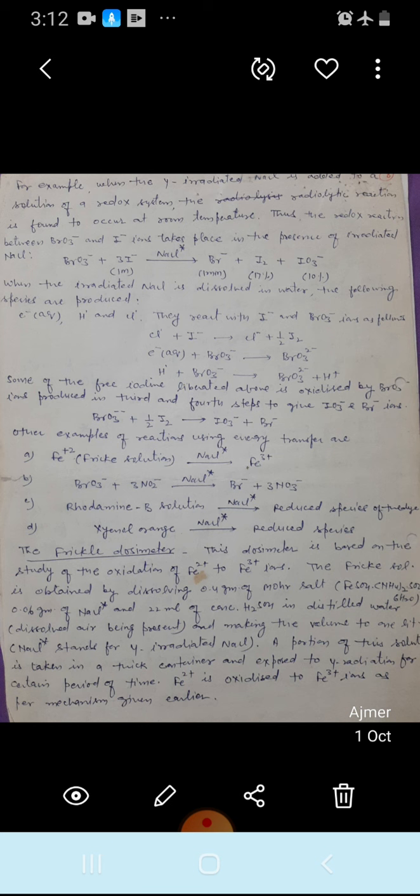A portion of this solution is taken in a thick container and exposed to gamma radiations for a certain period of time, so that Fe2+ ions are oxidized to Fe3+ ions as per the mechanism given earlier.